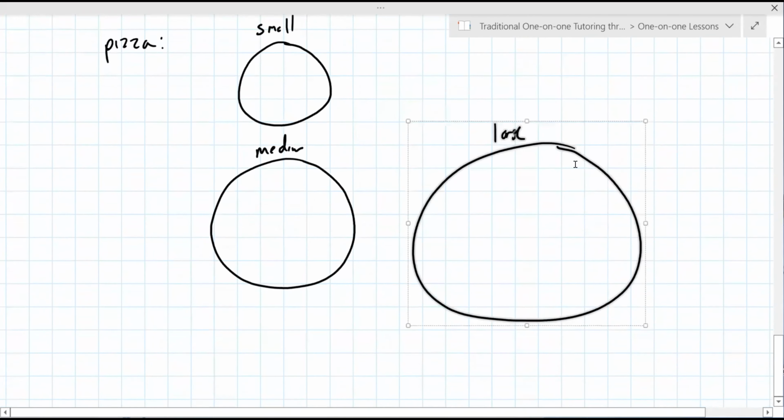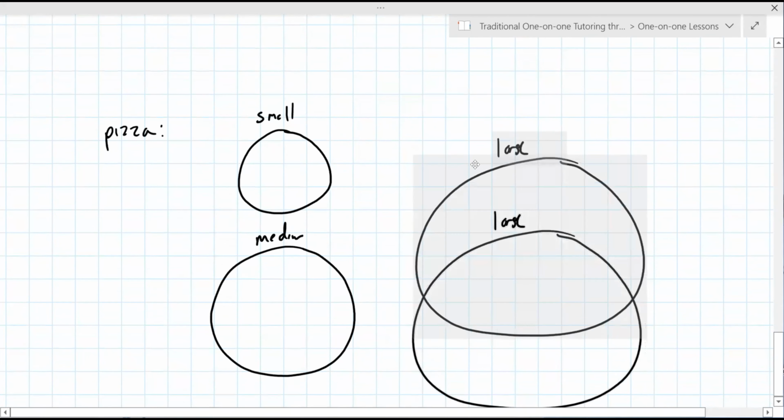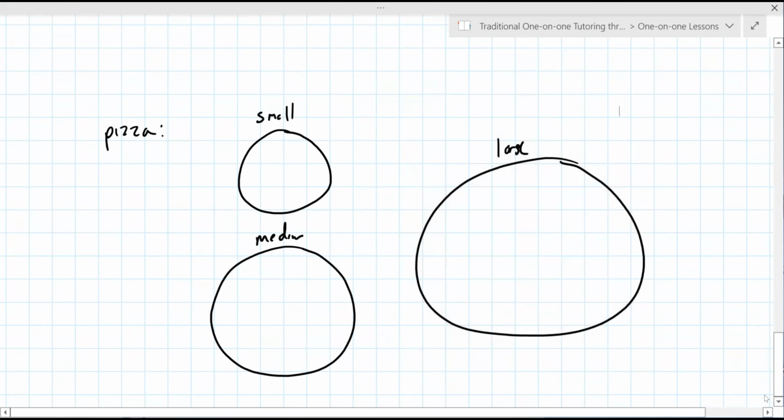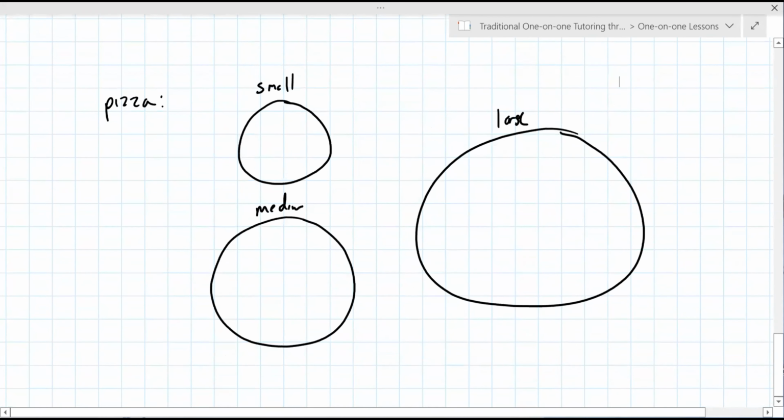The difference between the small pizza and large is that their size is the same, but it's very different. I mean, what is different about them? Well, it's just like the size is small and the other size is big.